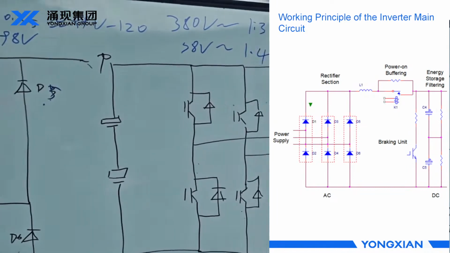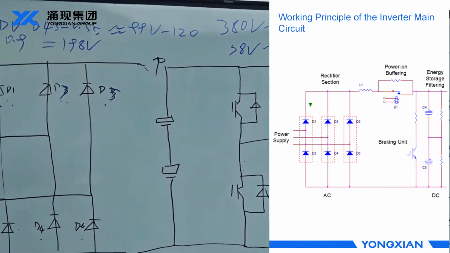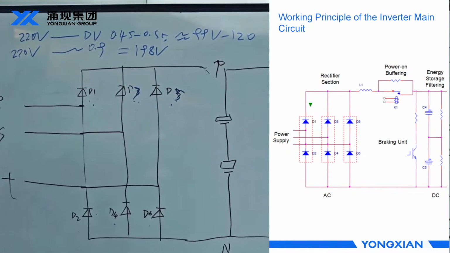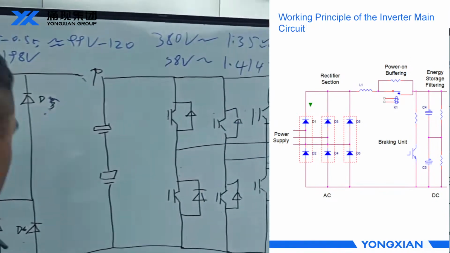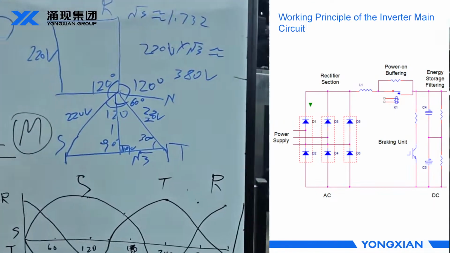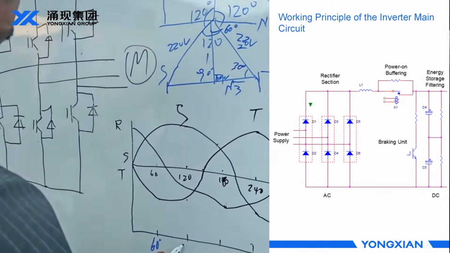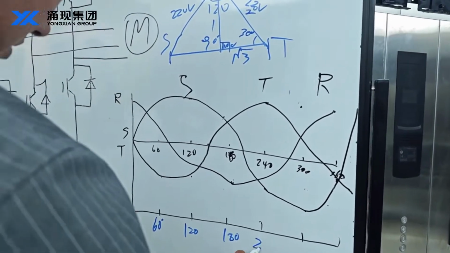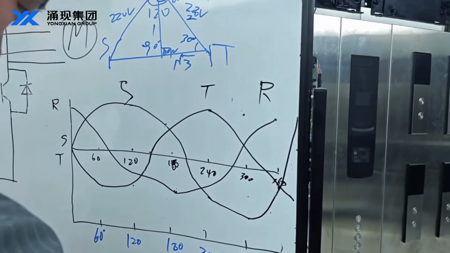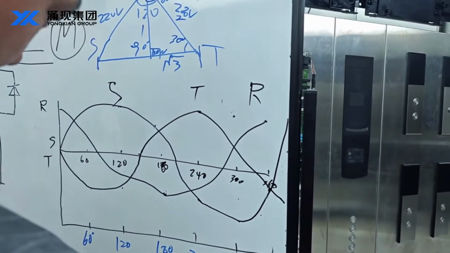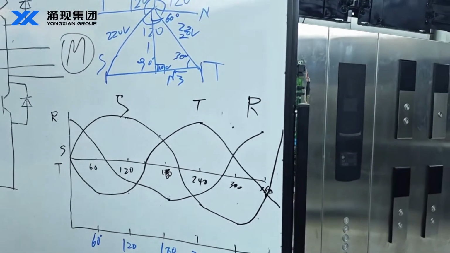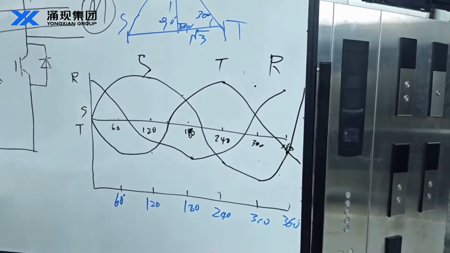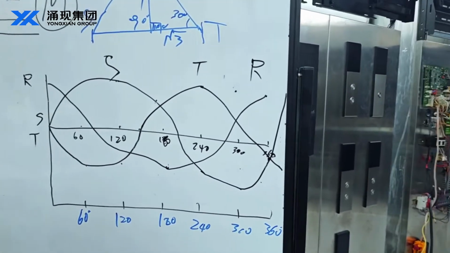In a whole cycle, every diode conducts for 1/3 of the time. We can see that 360 degrees just finishes one large cycle.